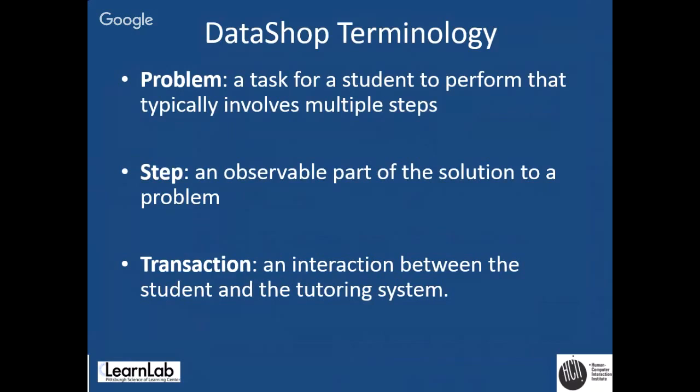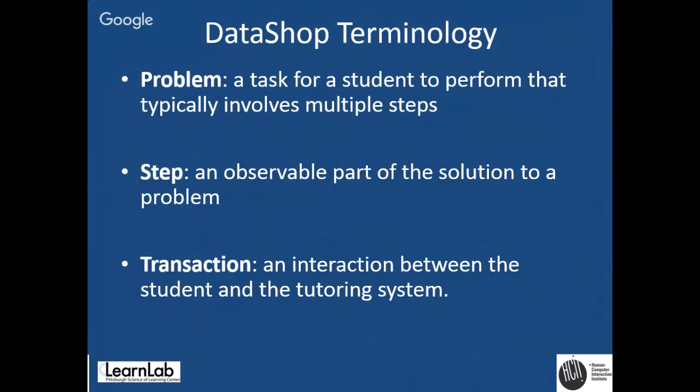And then we have this concept of a transaction. A transaction is where someone is attempting a particular step. So they're typing into the text box that could create a transaction. So you can imagine a situation where a student types in an incorrect number in a text box. That creates a transaction. They get a message back saying it was incorrect. They type in the correct answer.